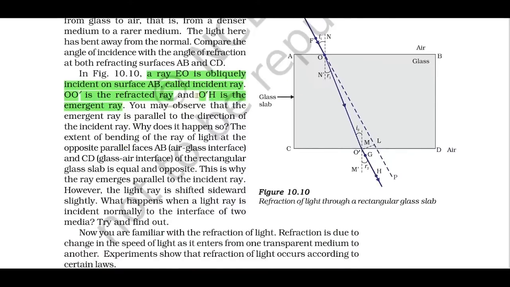So you should draw neatly the figure which shows what? Incident ray, refracted ray and the emergent ray. So you can observe that the emergent ray is parallel to the direction of the incident ray, right?